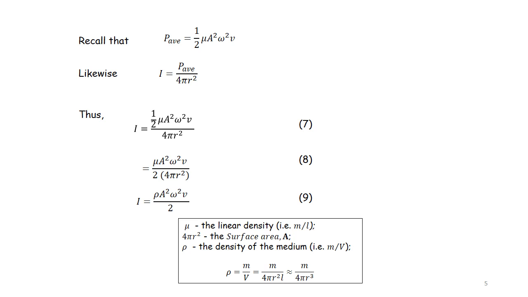Now recall that P average is equal to what we have here, 1/2 mu A squared omega squared v, and I equals P average over 4 pi r squared. So if you bring both together, substitute your P average here, simplify, you have equation 8.